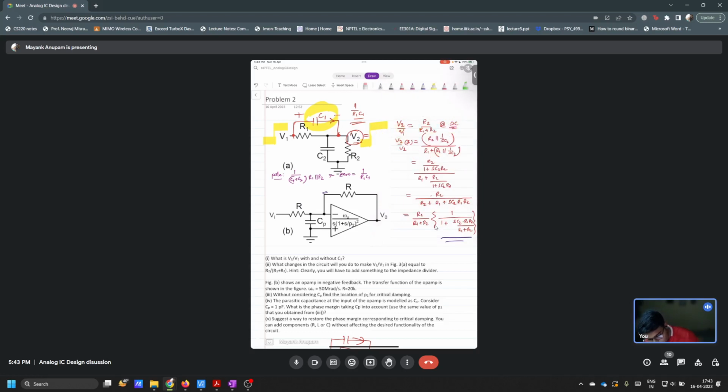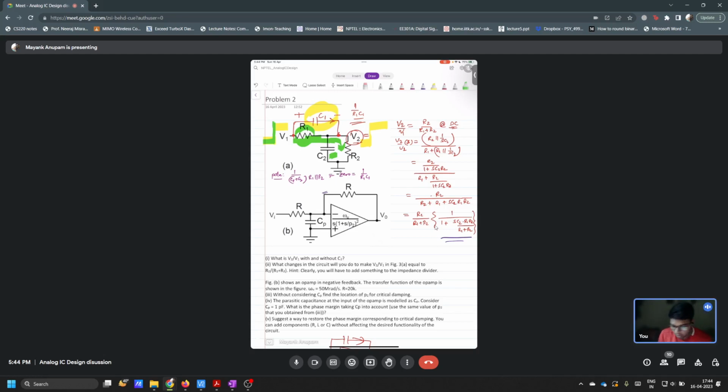So you add a zero in this system, and how do you add a zero? You add a fast path, right? This system was slowed down because of this R1 and this capacitor C2. But if there is a capacitor bypassing this resistor R, and you know that a capacitor has the ability to become a short at infinite frequency, right? A unit step, the sudden rise, is like a very high frequency signal, right?